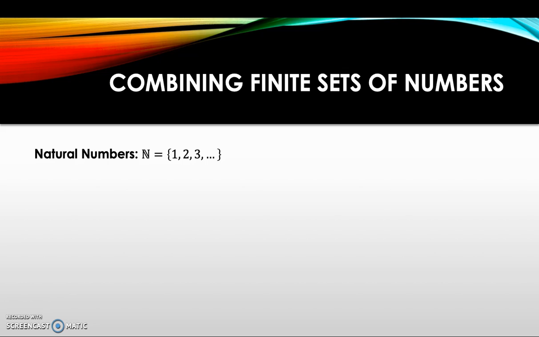These sets of numbers are written in roster notation, where we begin with braces and end braces and separate each natural number with a comma that goes off to positive infinity. These types of sets are considered to be infinite sets.